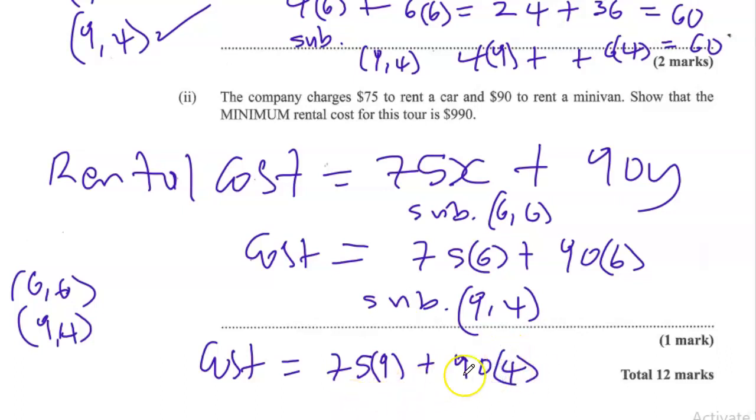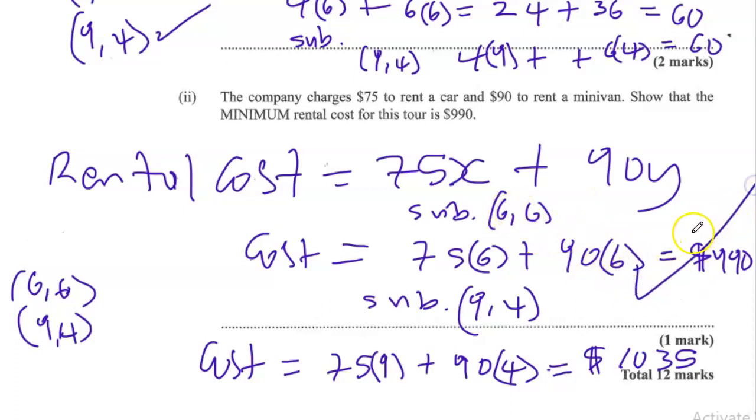So for the 6, 6, we'll end up with 990, and 1035 if we rent 9 cars and 4 minivans. So it works out better if we rent 6 cars and 6 minivans, since the cost would be $990 in that case.